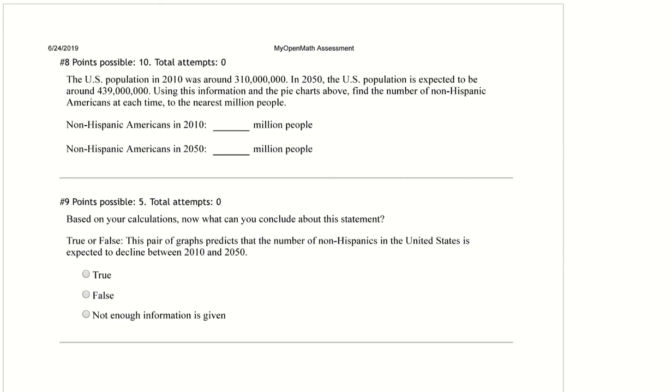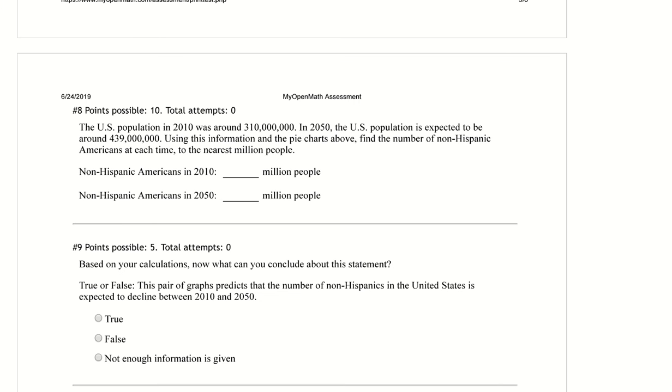So let's look at number 8 together. The population in 2010 was around 310 million, and then in 2050 it's expected to be 439 million. So we can see it's going up, and then we need to do some more analytics. So if we have the total population, we can find the non-Hispanic population.